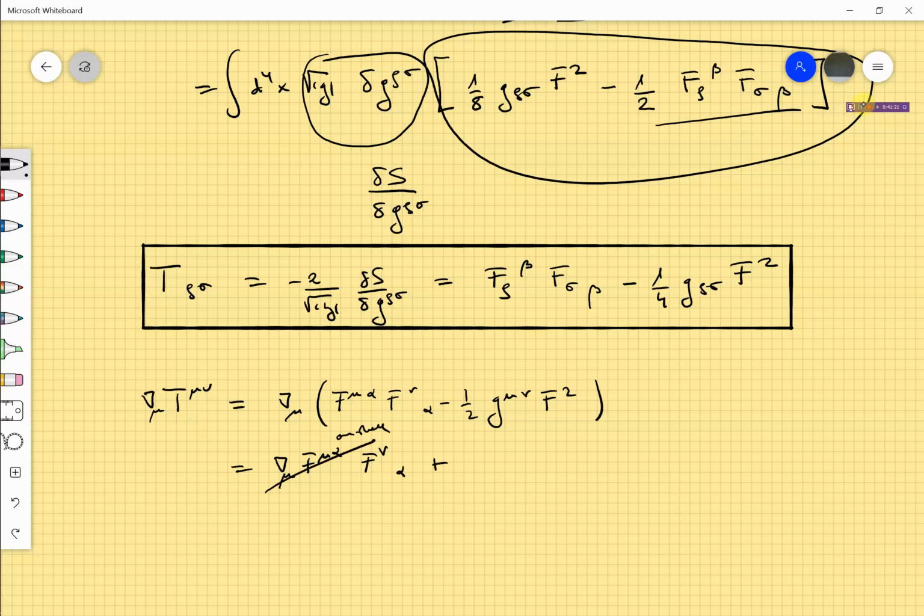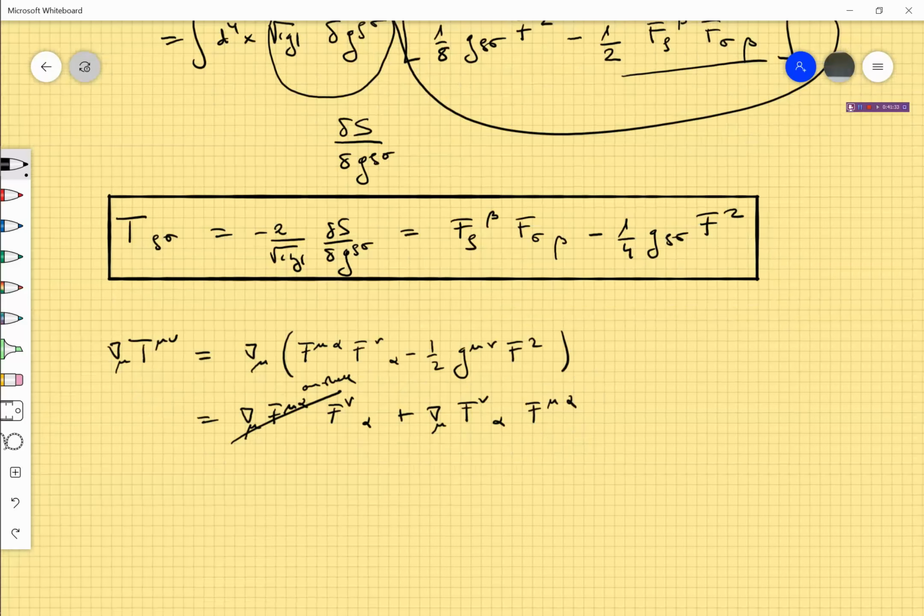The second term comes like this, and okay, you have mu alpha. I am writing the first term in the second position, but it doesn't matter. Here, sorry, this is minus 1/4 nabla nu f squared. This gives me a factor of 2, and for instance, let me write this as mu alpha and mu alpha.